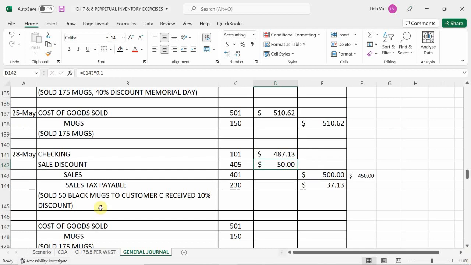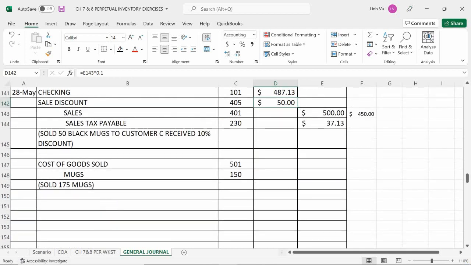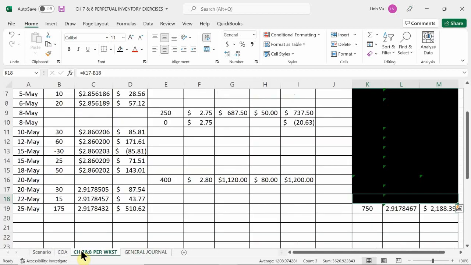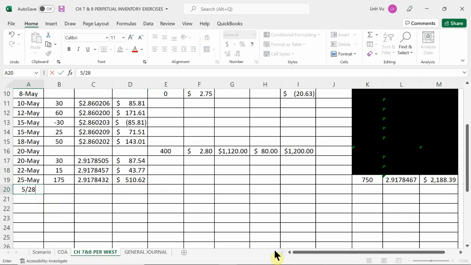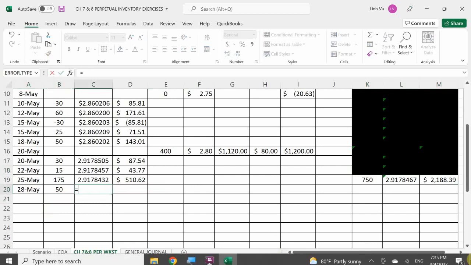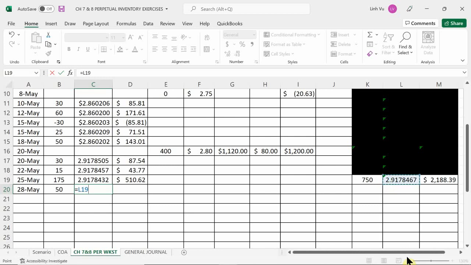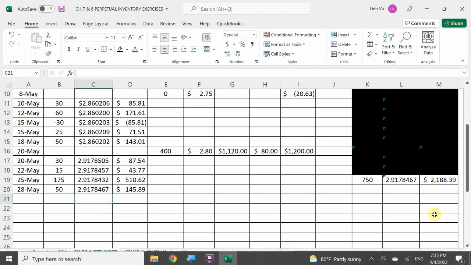So now, last but not least, we need to update our inventory to get rid of those 50 units out of my inventory. Again, it's May 28th. We sold the 50 units at $2.91, which gave me a total of $145.89.